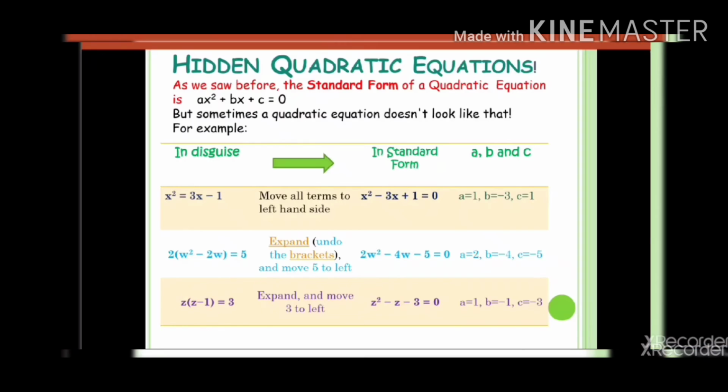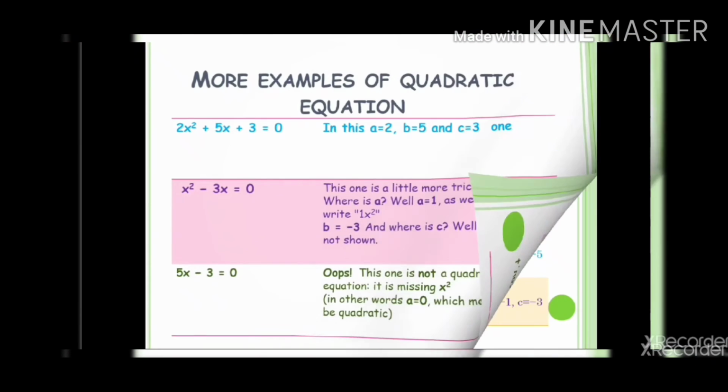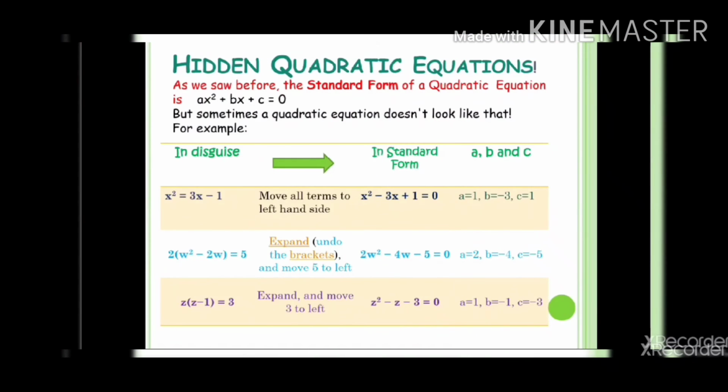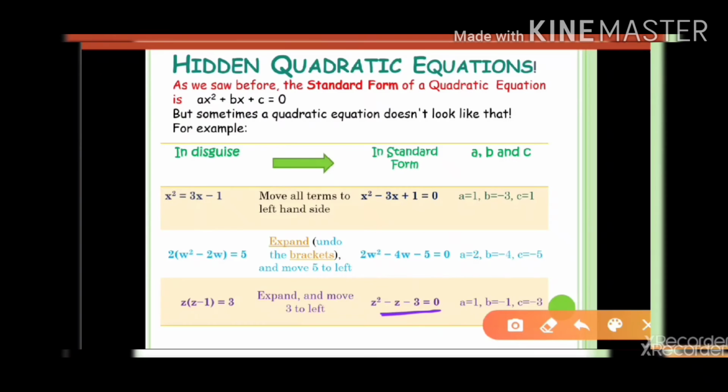We can write it as z squared minus z minus 3 equal to 0, where a equal to 1, b equal to minus 1 and c equal to minus 3. These three examples are of hidden quadratic equations.